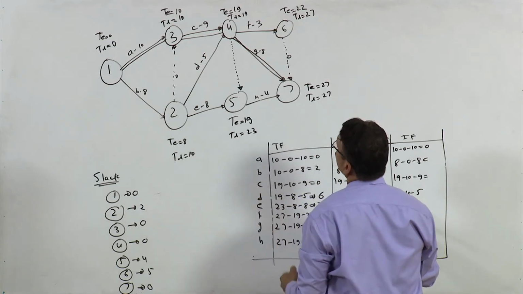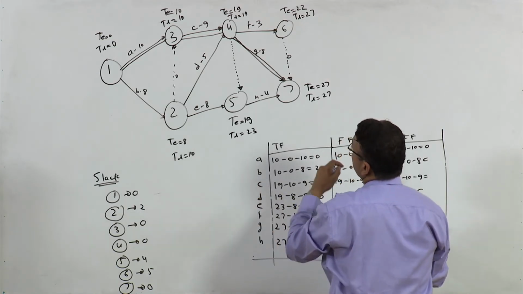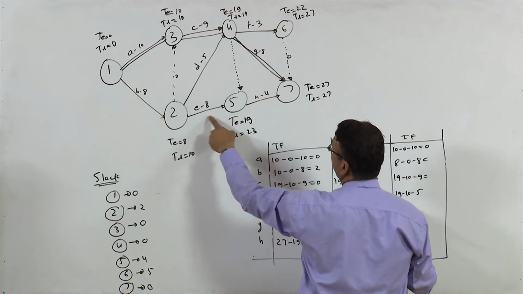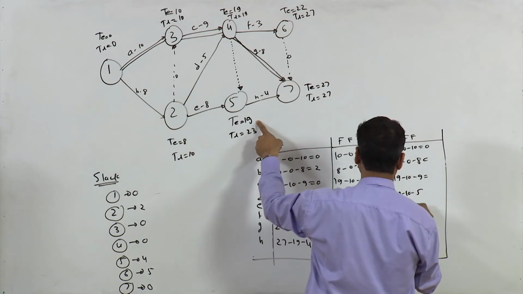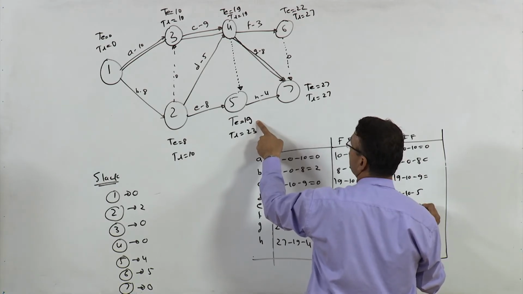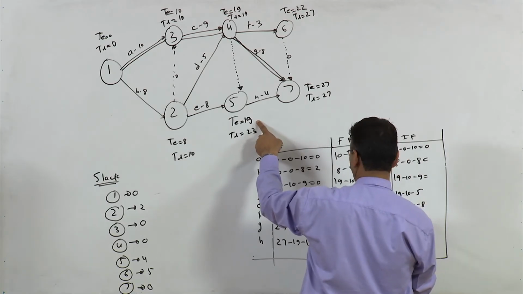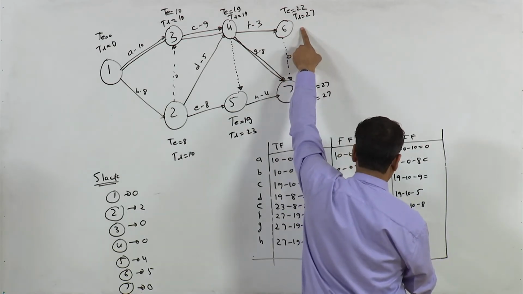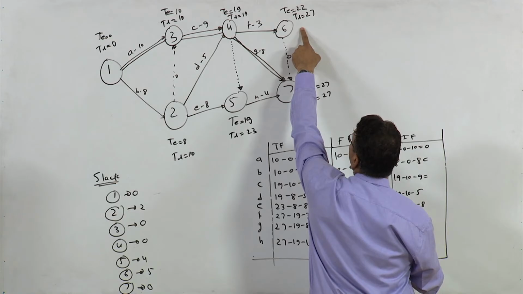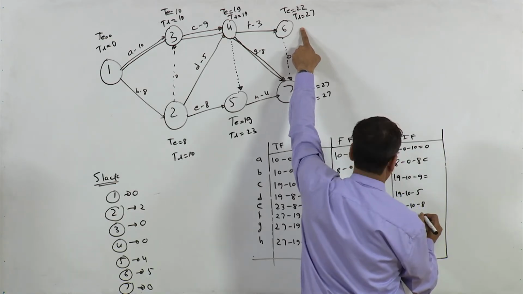For E, it is here, so TE minus TL, 19 minus 10 minus 8. For activity F, TE minus TL, so 22 minus 19 minus 3, right?